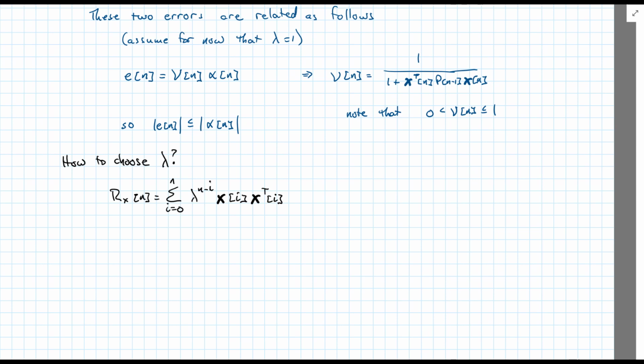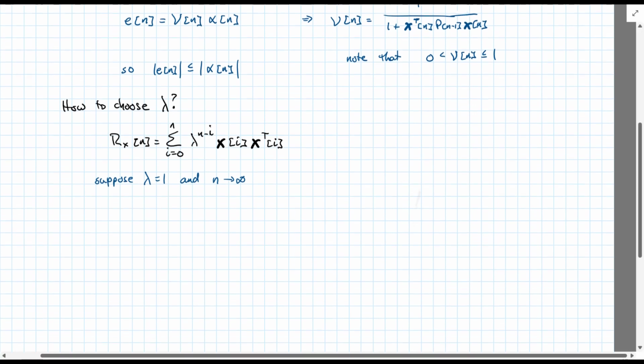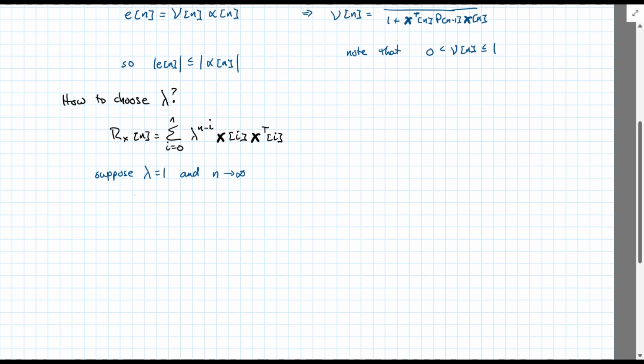So we'll consider several things. Suppose lambda is equal to 1 and n gets large. Well, in that case, our Rx of n is also going to go to infinity, which means that P of n is going to go to 0.